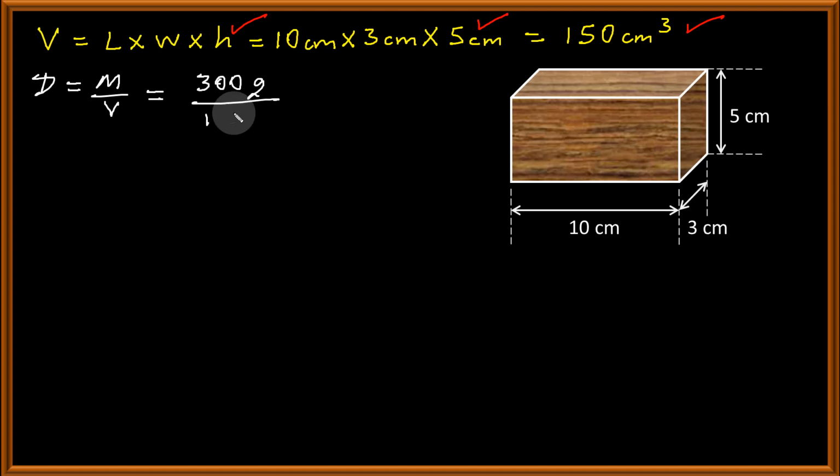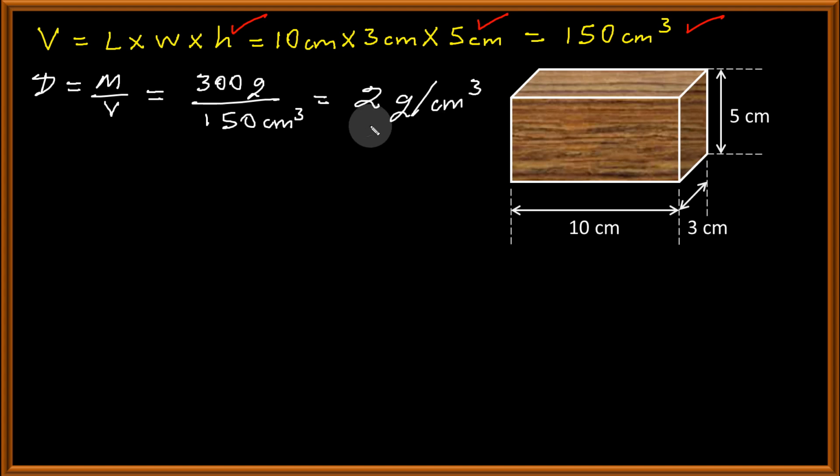Its volume is 150 centimeters cubed. And that definitely will give me 2 grams per centimeters cubed. So 1 mark, 1 mark, 1 mark. So I've been able to express the density in grams per centimeters cubed.